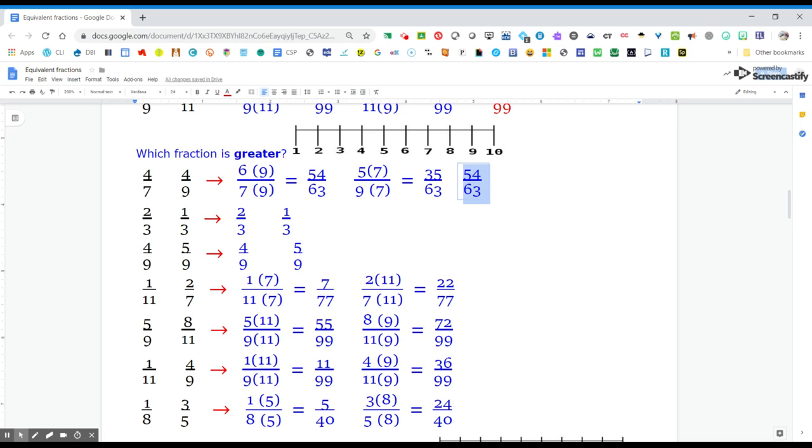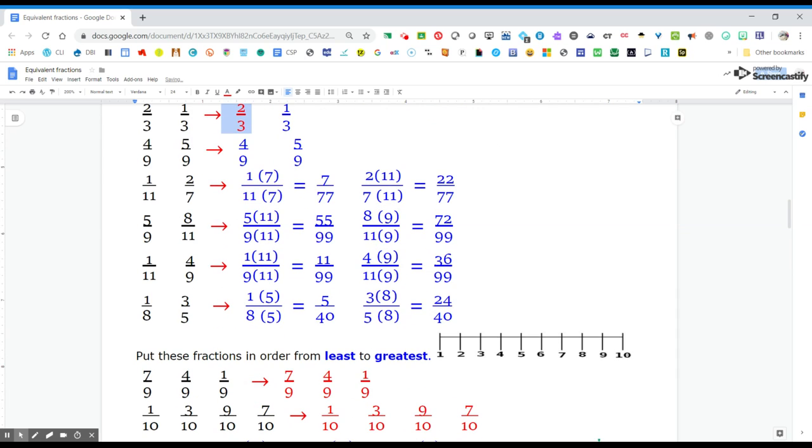So the next one, which one has the greater value? So for this one, 2/3 is greater than 1/3. So we're going to say this one is the answer.